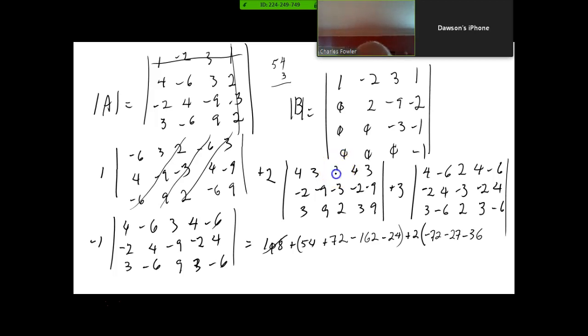Yeah. Okay. Now my up diagonals are going to be a plus 54, is that right? Yep. Okay.